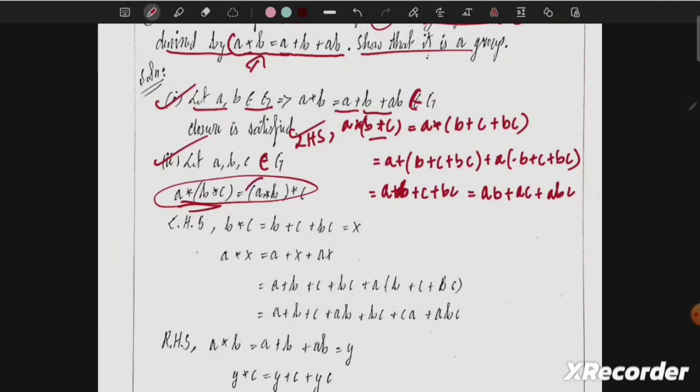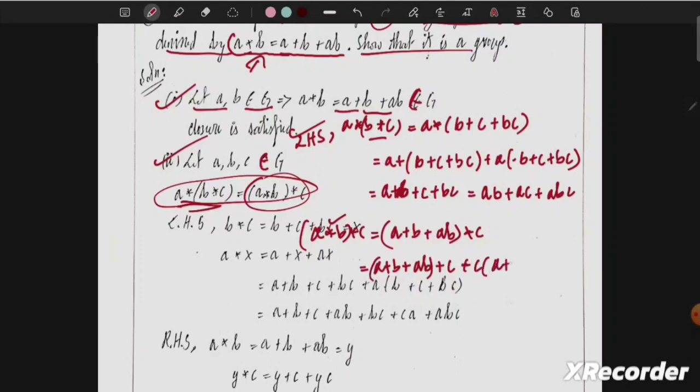Now for the right hand side, (A star B) star C equal to, using the defined operation, (A plus B plus AB) star C equal to A plus B plus AB plus C plus C(A plus B plus AB).